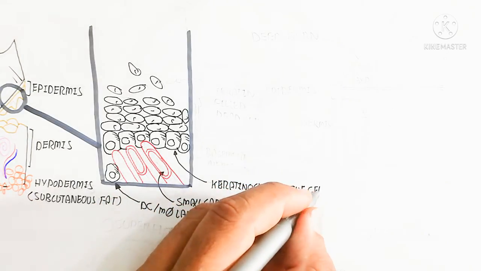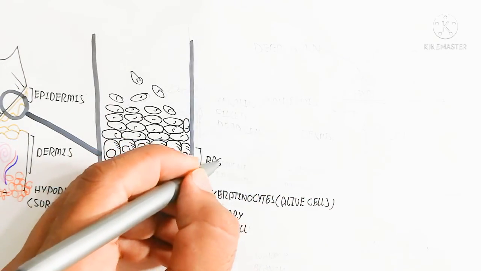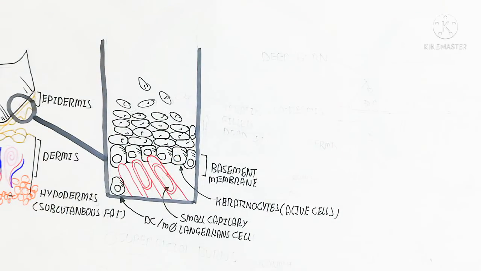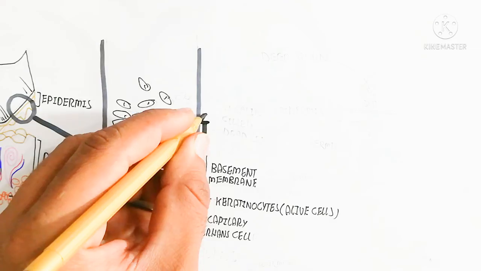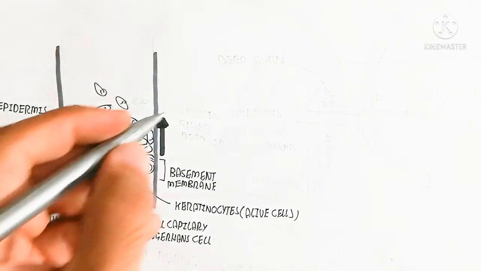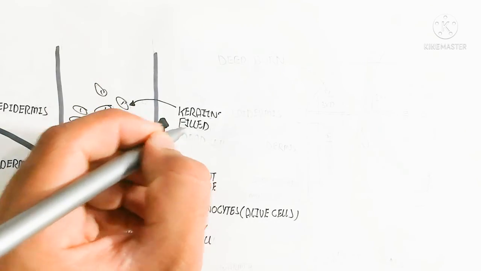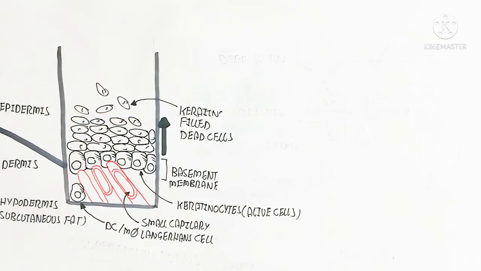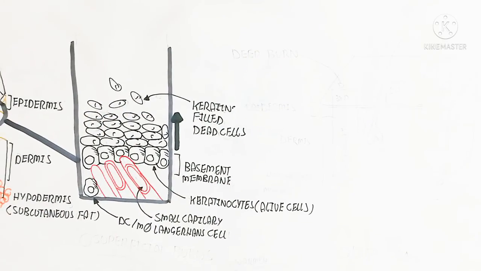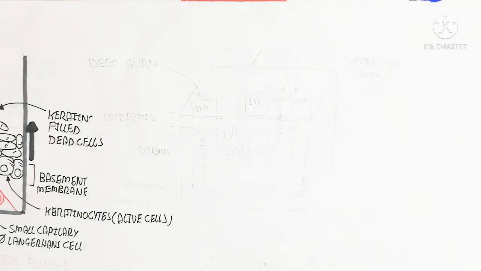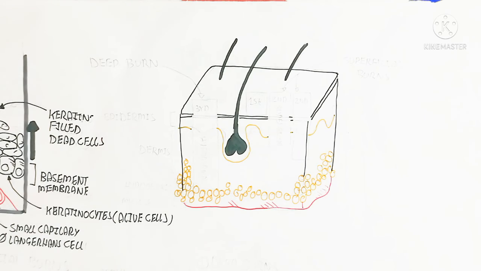These keratinocytes proliferate to form dead keratinocytes filled with keratin as well as melanin. So remember, they are filled with the keratin protein and melanin. That is why they are dead, and melanin pigment is deposited due to the melanocytes.